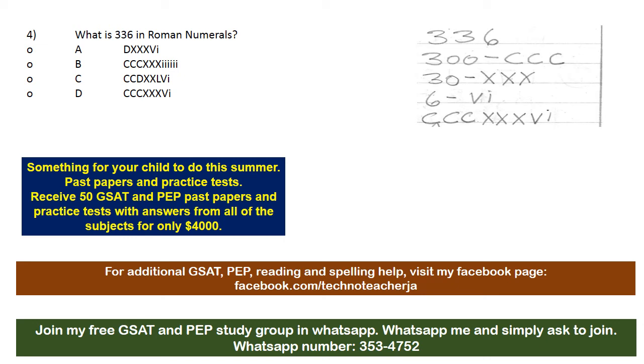So let's look at it again. M is 1000, and we've circled each of these: M, CM, X, and IV. So M is 1000, CM is 900, X is 10, and IV is 4. Let's add them. You can write it down like how you do the regular addition, with tens on the tens, ones on the ones, hundreds on the hundreds, thousands on the thousands.